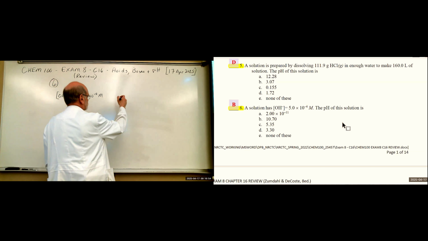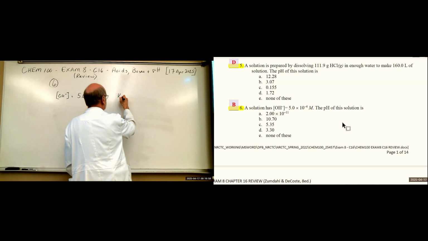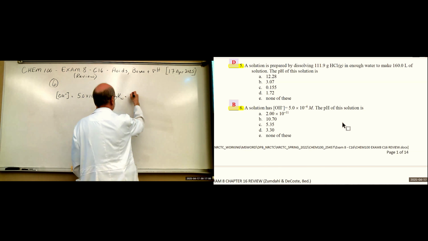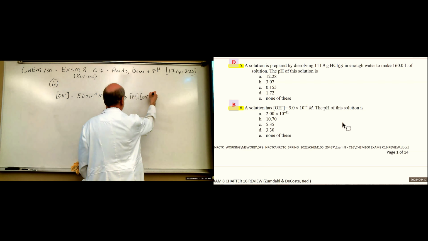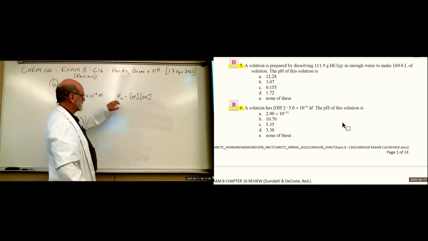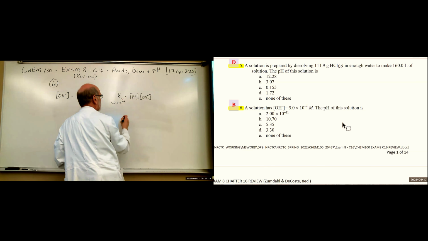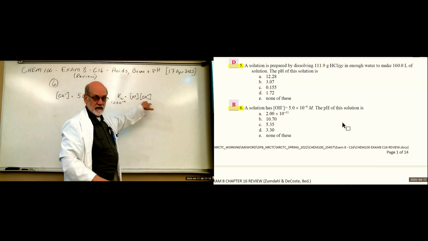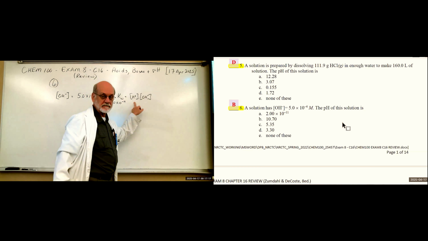You can use Kw equals hydrogen ions times hydroxide ions, and this is 1 times 10 to the minus 14. Insert the value here and solve for that one, and then calculate the pH.